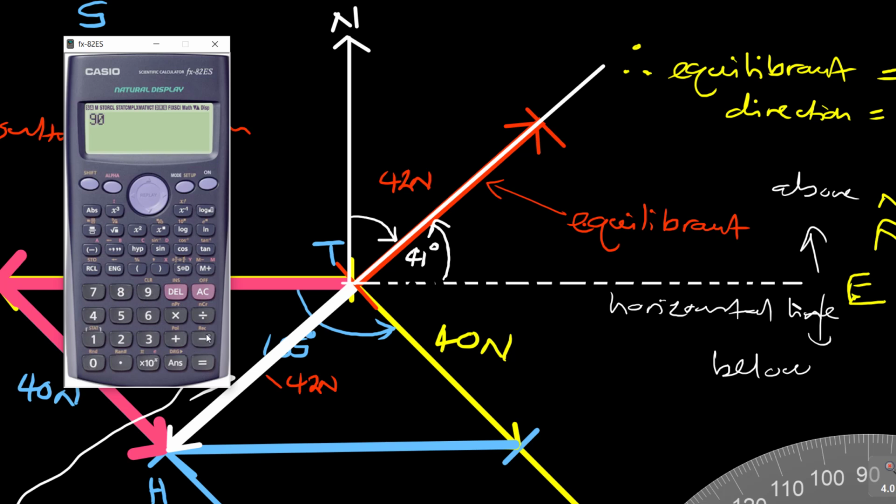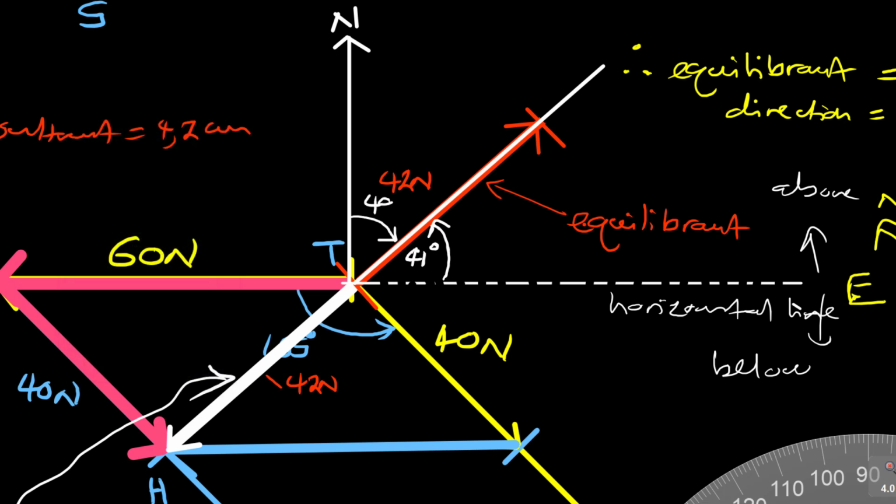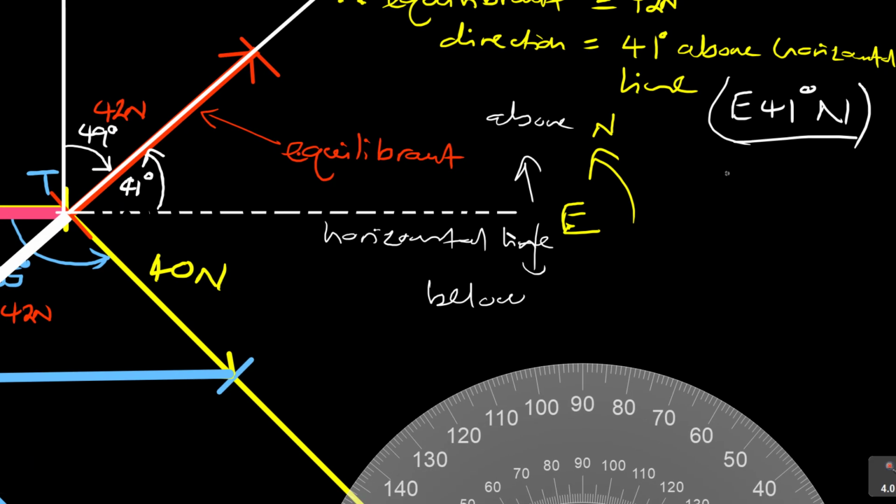It's 90 minus 41, because that is the right angle. So it becomes 49. So this is 49 degrees. Your direction can be north 49 degrees on your way to east. Are you with me? That is how you can bring these answers.